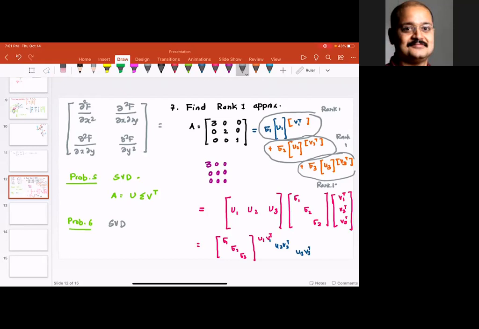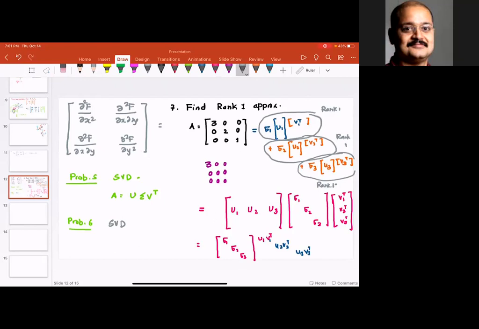If you have a column vector and a row vector, and you multiply those, you are going to get a matrix. Do you agree with me? Are you with me or not? Okay. What would be the rank of that matrix? 1, because everything is constructed from only one column and one row.